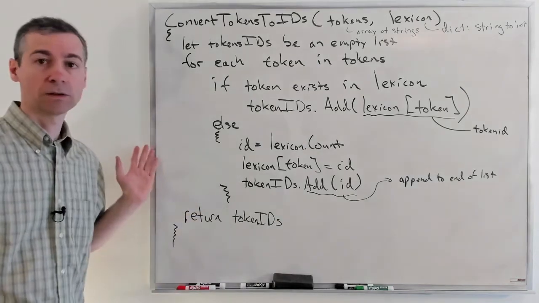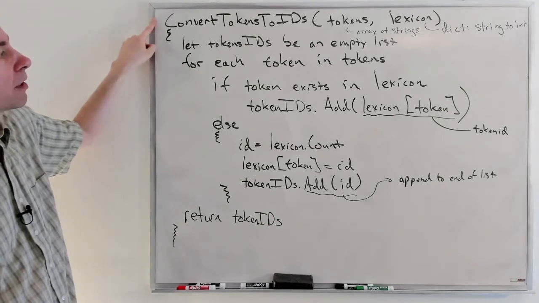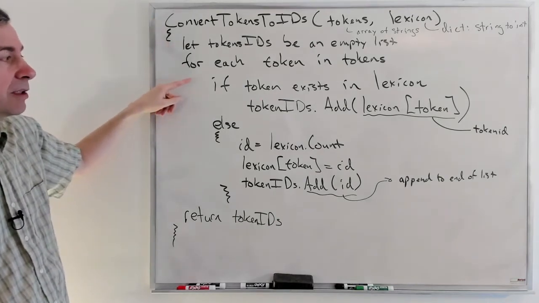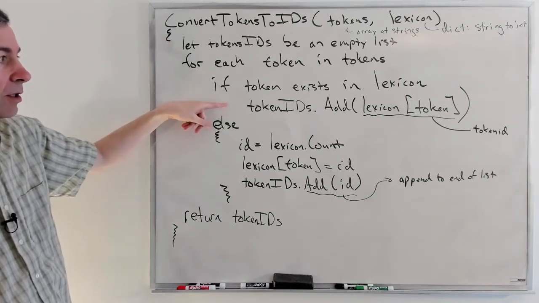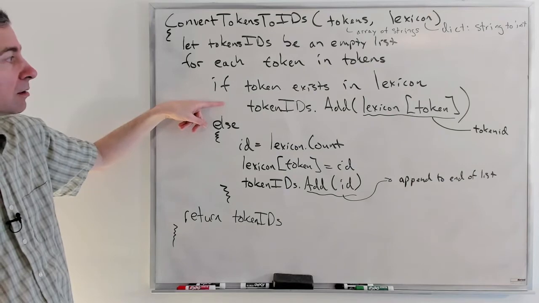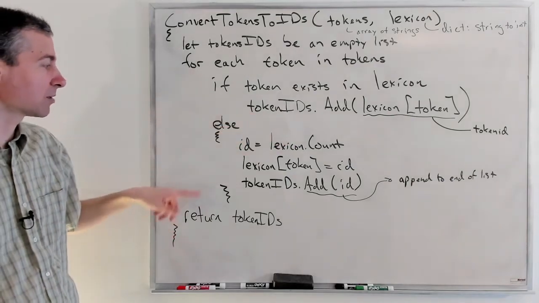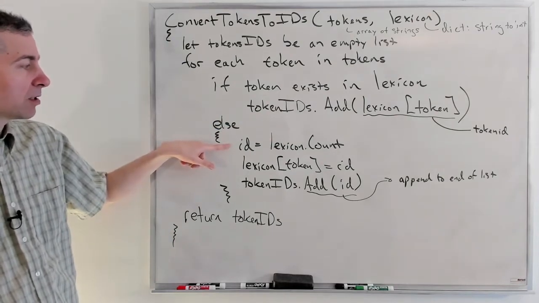All right, so in pretty simple code, in comes an array of strings and a dictionary, and we're just going through, and if we've seen it already, so we already know what its token ID is, we add that ID to this list. If we haven't, we go ahead and get a new ID.